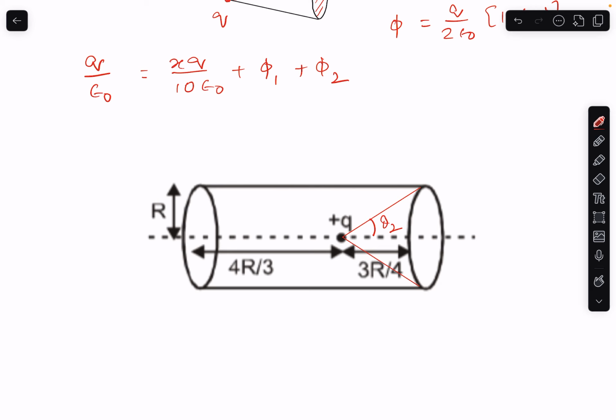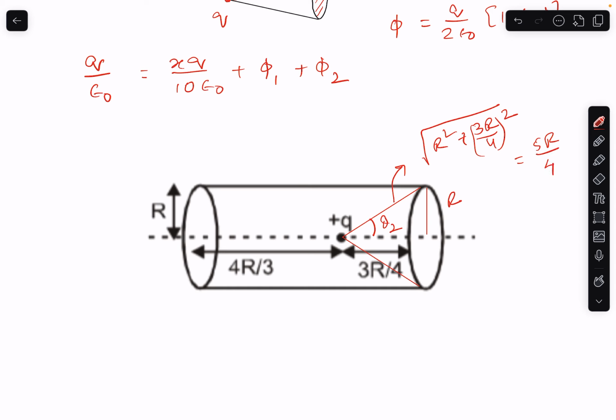This is r, so the longest side will be √(r² + (3r/4)²), which comes out to be 5r/4.